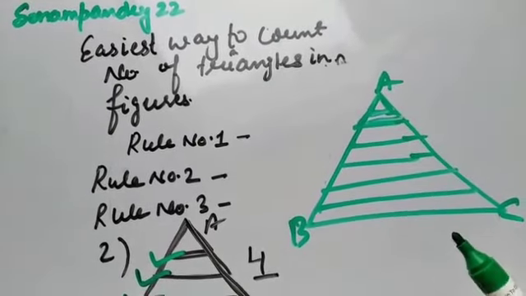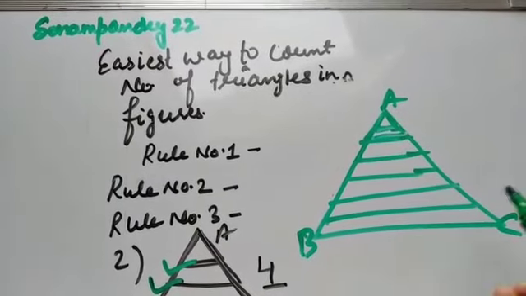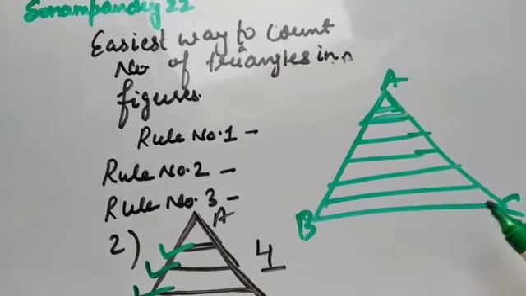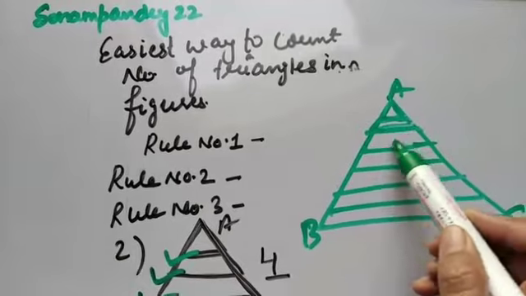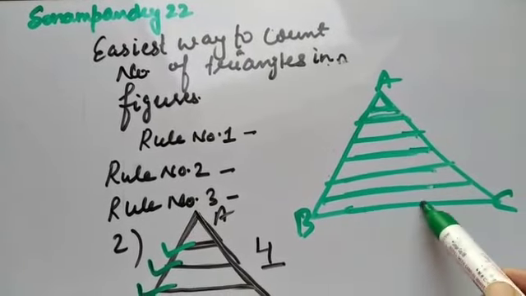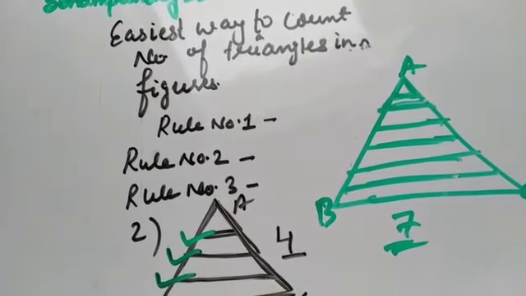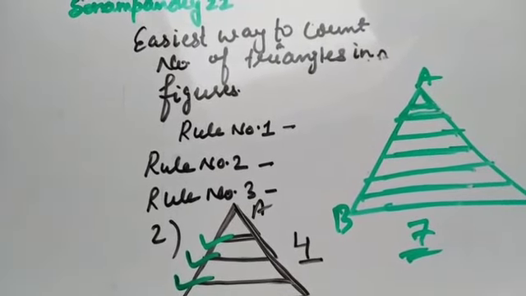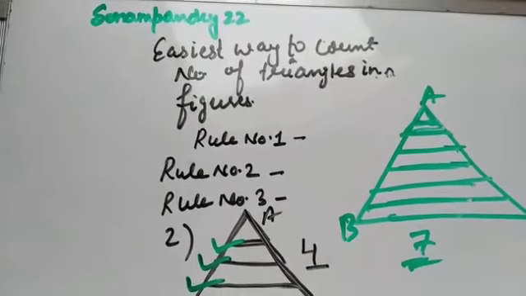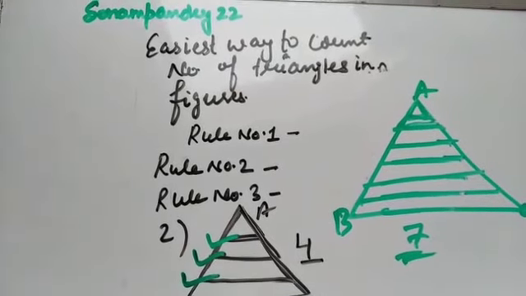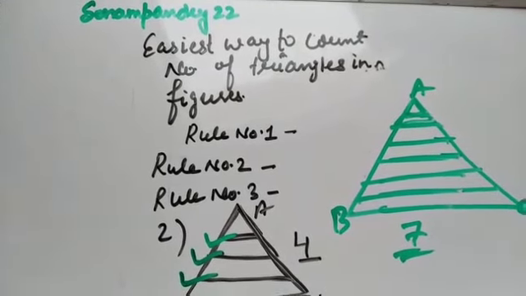It will take so much time. But with this formula, you have to just count the number of parallel lines, that is 1, 2, 3, 4, 5, 6 and 7. It means 7 triangles are there. So in this way you can count. Trust me, this rule is very interesting and helpful in competitive exams, so you can practice.